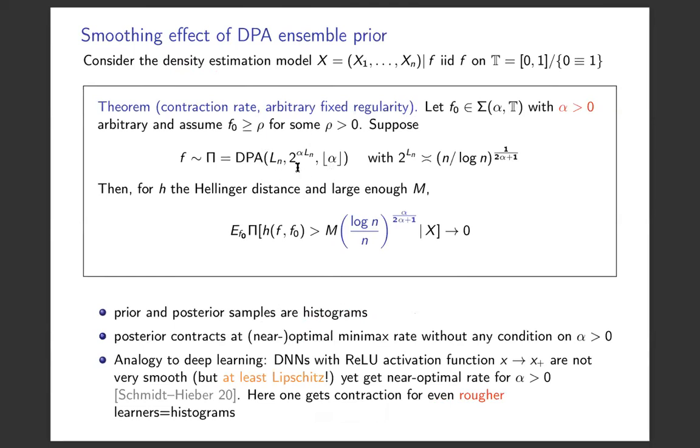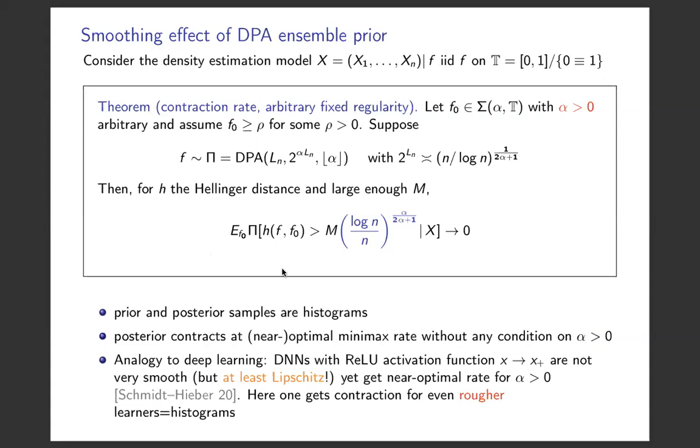So if you choose this L_n well, in terms of alpha, and note that here alpha is completely arbitrary, then you get the optimal rate up to log factor for density estimation, regardless of alpha strictly positive, with histograms.